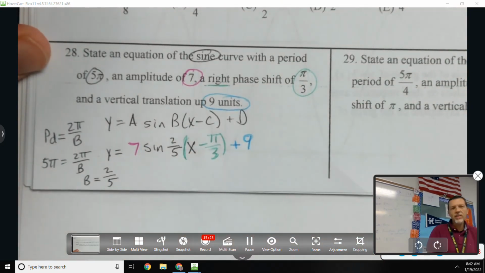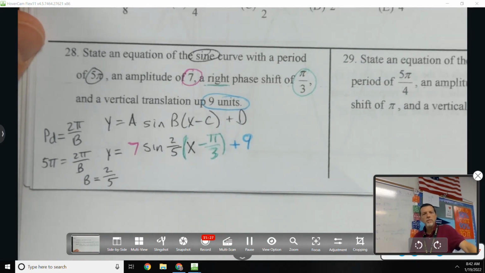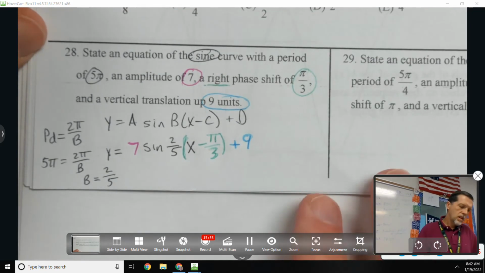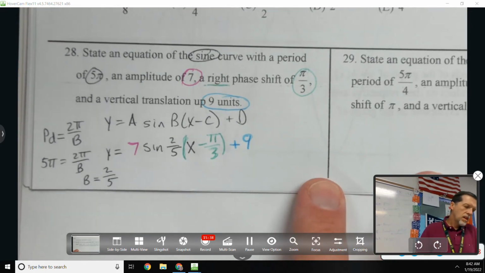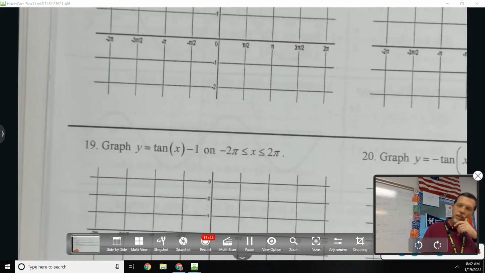So there's a nice color-coded answer. Do we need to do 17, 18, 19, or 20?